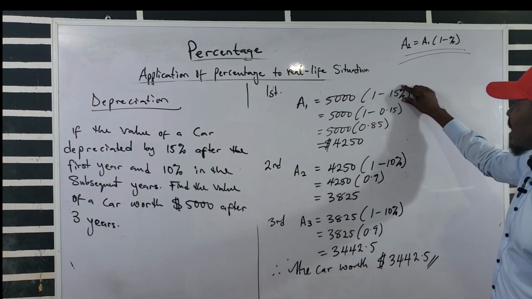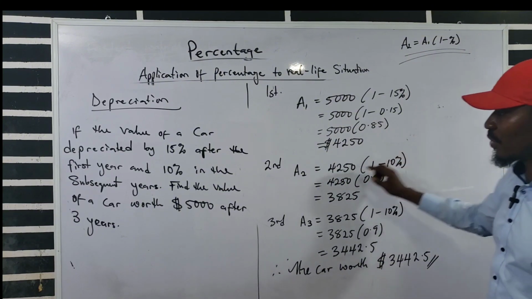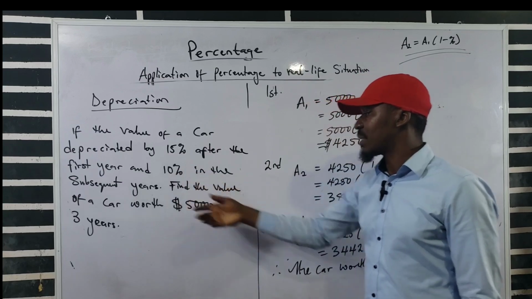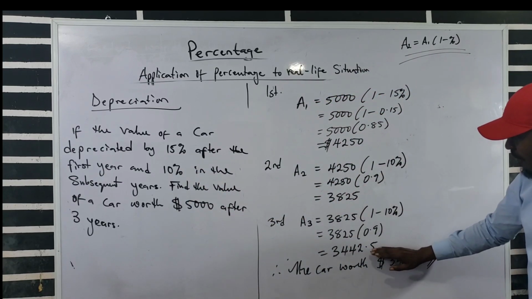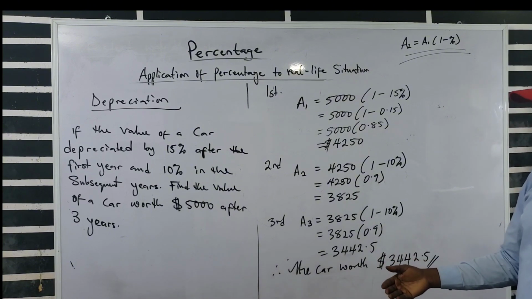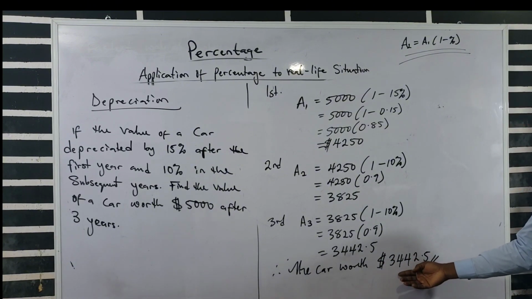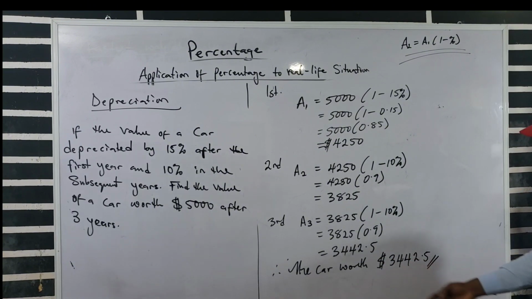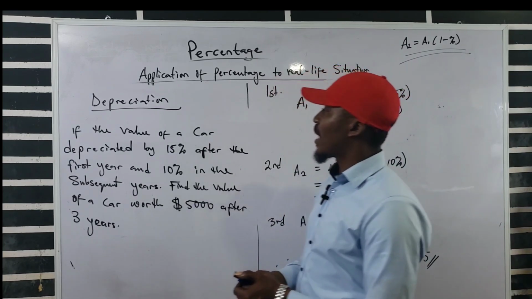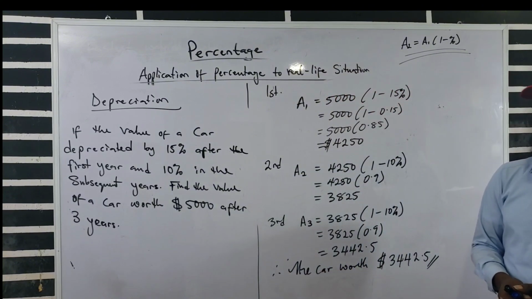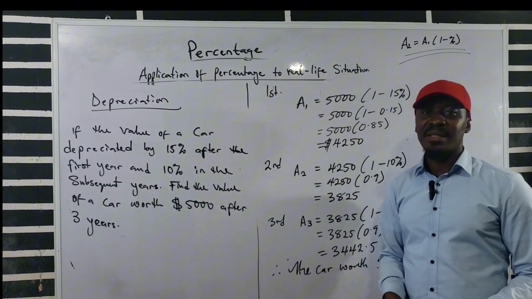It's no longer 15% decrease, it's now 10% decrease, because they say 10% for the subsequent years. So after 3 years, the car will no longer be worth $5,000, rather it will now be worth $3,442.5. So this is where we are going to end our class on application of percentage.